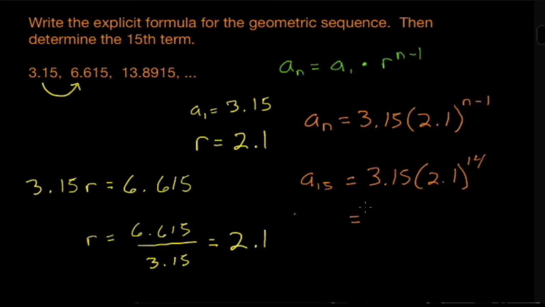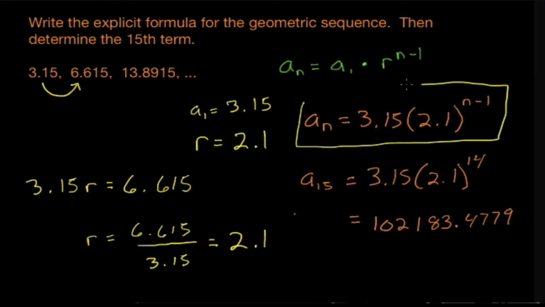And then if you just put this into your calculator exactly as it looks, you will get 102,183.4779. So our answers are here, the explicit formula and the 15th term.